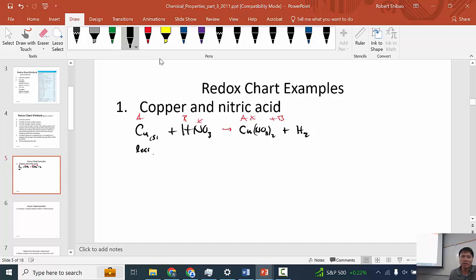And when we look at this, this is less active, copper, and this is more active. We don't even need the activity series for this. Let's say you're driving and you have a tank full of copper pennies versus a tank full of hydrogen gas in your trunk. Which one do you think is more stable? Having a bag full of pennies or having a tank of hydrogen gas in your trunk?